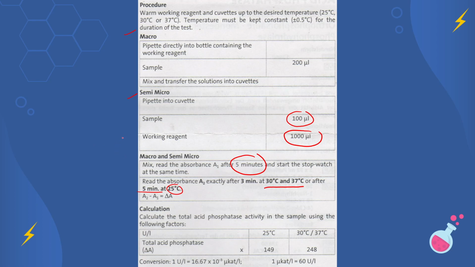And then by the time we already have these two absorbance, ganito lang po pagkuha ng mean absorbance natin, all you have to do is just subtract your absorbance 2 to your absorbance 1. So for the calculation, after getting your mean absorbance change, multiply it by 149 if room temperature po, or 248 if 30 or 37 degrees Celsius.